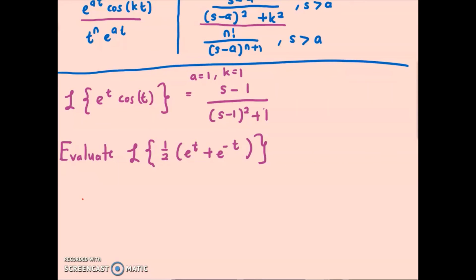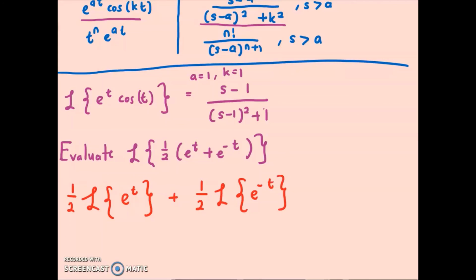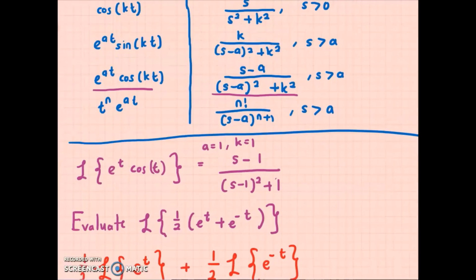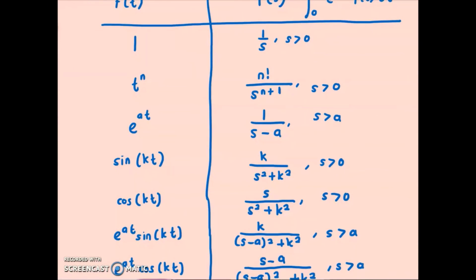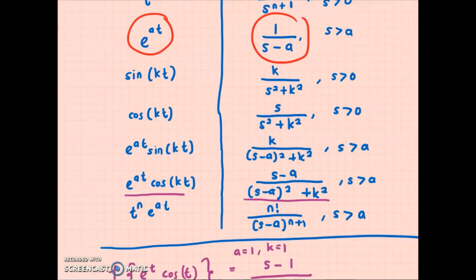The Laplace of half is a constant, so you can bring it out. All you have to do is half the Laplace of e to the t plus half the Laplace of e to the negative t. This half is for both, so I can take it out. Now the Laplace of e to the t from the table, when a is 1, I have 1 over s minus 1.